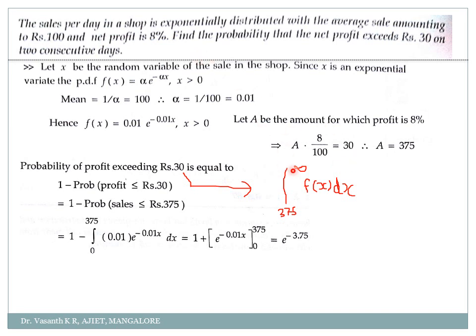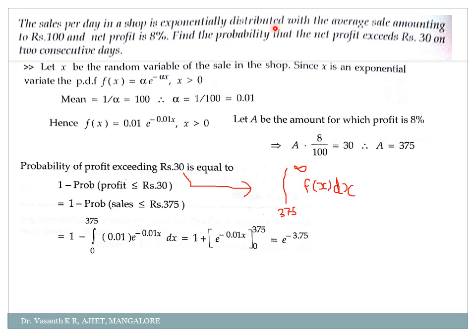Now they are telling me that there is a net profit of 8%. So for that I am doing this. Let a be the amount for which the profit is 8%. And they are telling that the net profit exceeds rupees 30, correct? So a into 8 by 100 is equal to 30, so what will be the value of a? 375.